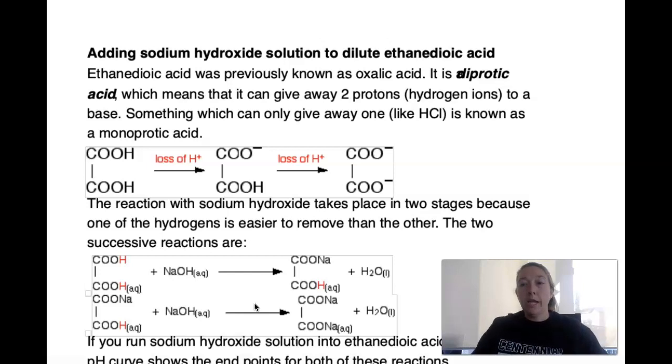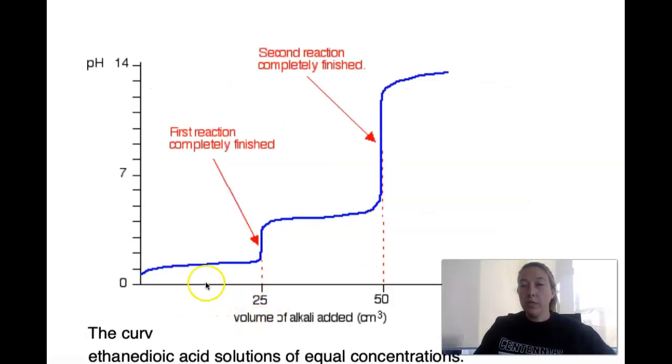So why I'm saying all of that is when you look at this curve, sometimes you guys are like, no, this is strong. Look at that pH, it's starting below 1. And so this is where you have to remember that there's 2 ways to manipulate pH. One has to do with the strength, right? Is it strong or is it weak? But the other one has to do with the concentration, right?